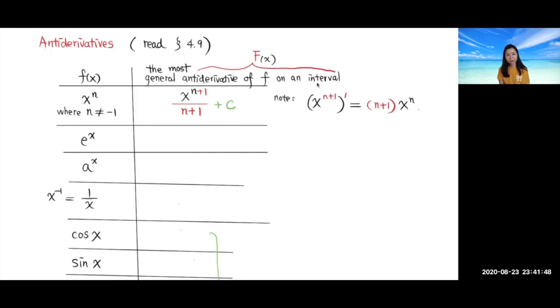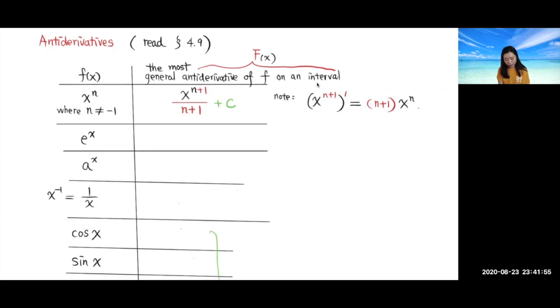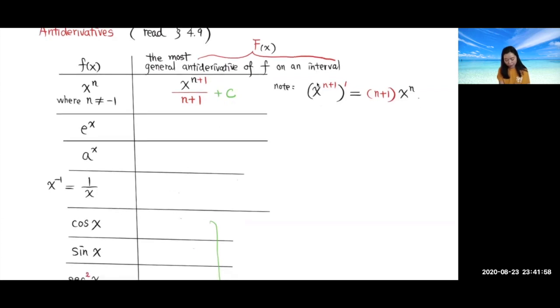And then don't forget to put plus a constant at the end. Let me make a note: the exponent over here is going to increase by 1, and over here we divide by n plus 1, the new exponent.